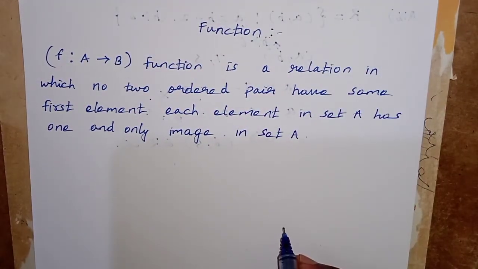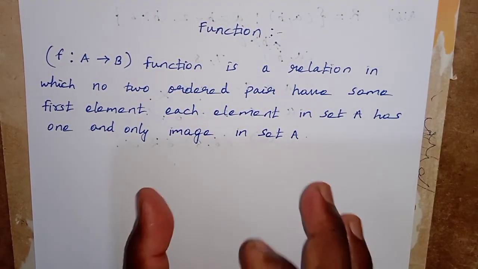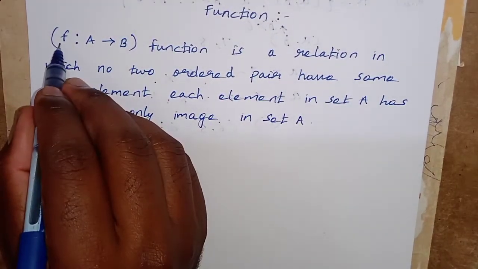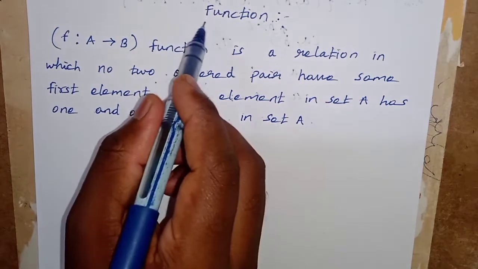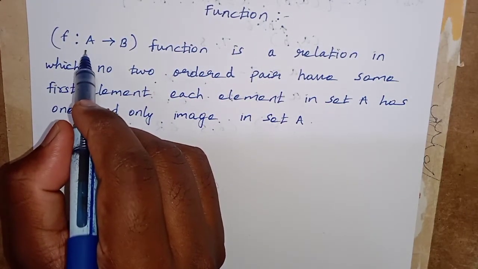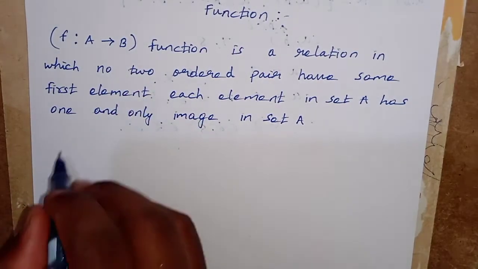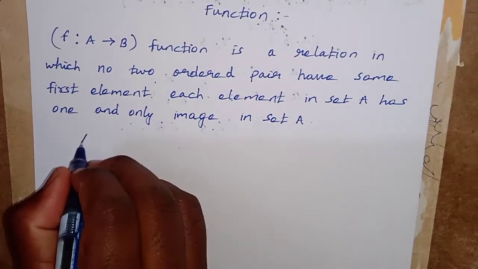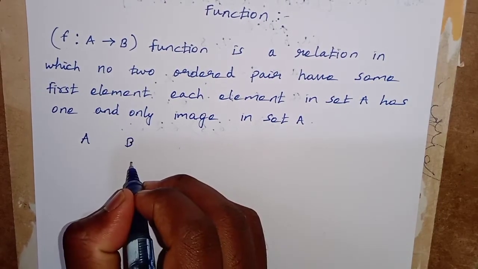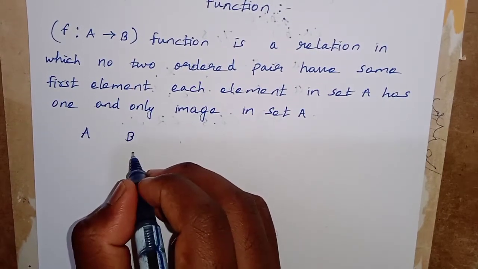Okay, but we can understand it mathematically. Here the function f, such that a related to b. For example, here it is A, here B, two sets.